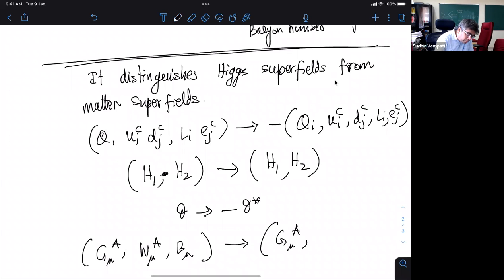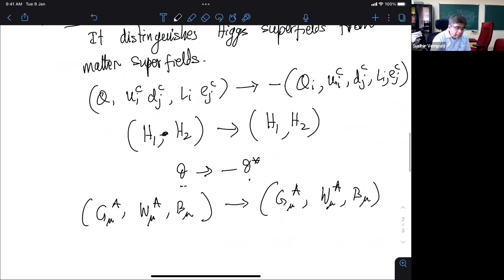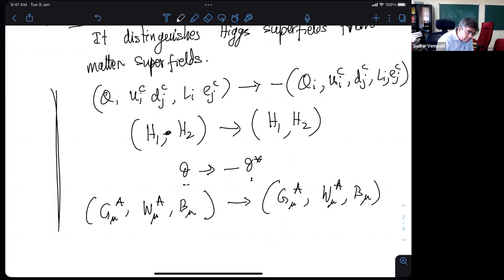So the vector superfields don't change, whereas the theta changes sign. So that is the reason why it is called R parity, because it changes also the theta sign essentially. Okay, and the theta changes sign, and the Q's, the matter superfields change sign, the Higgs fields invariant.